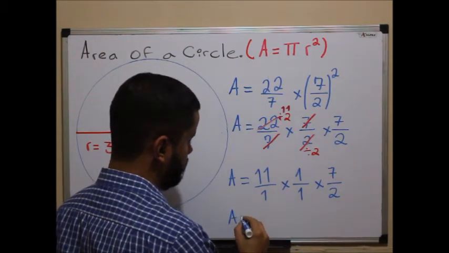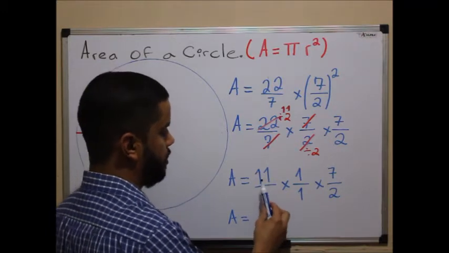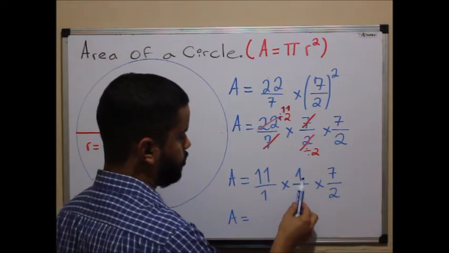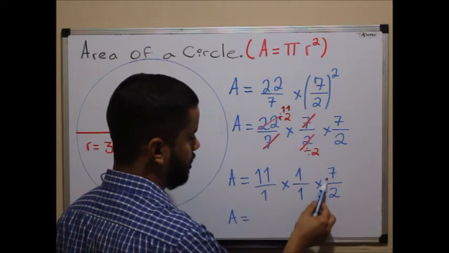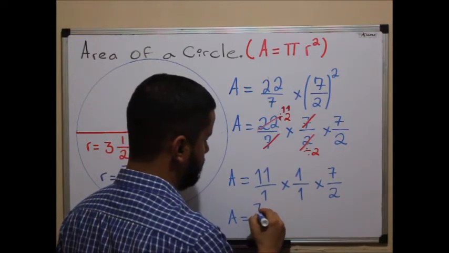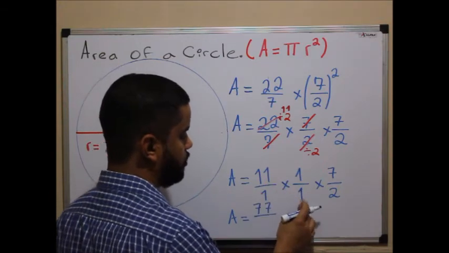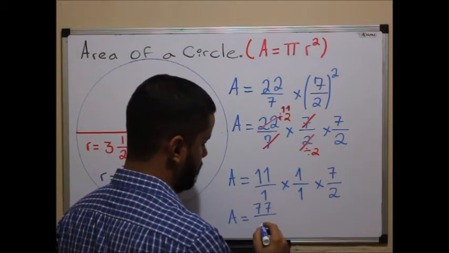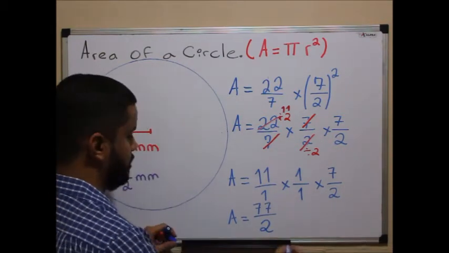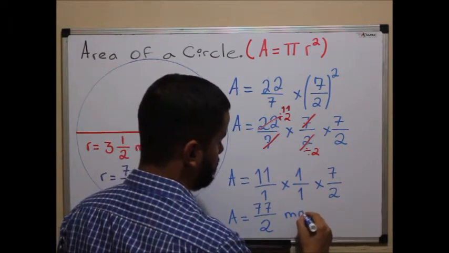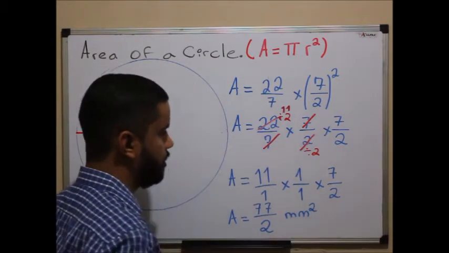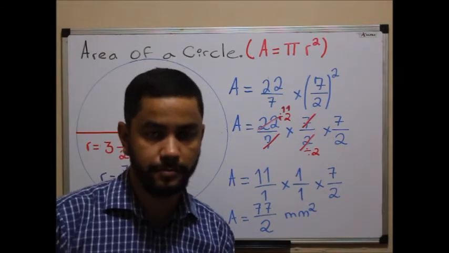There. So we're going to multiply now. 11 times 1 is 11 and 11 times 7 is 77 over 1 times 1 is 1, 1 times 2 is 2. Like that, millimeters squared. And that will be our solution.